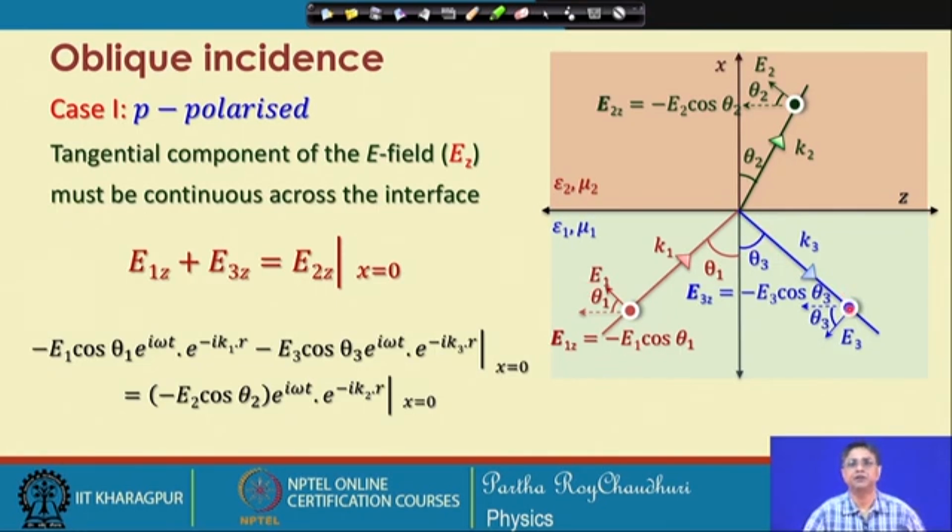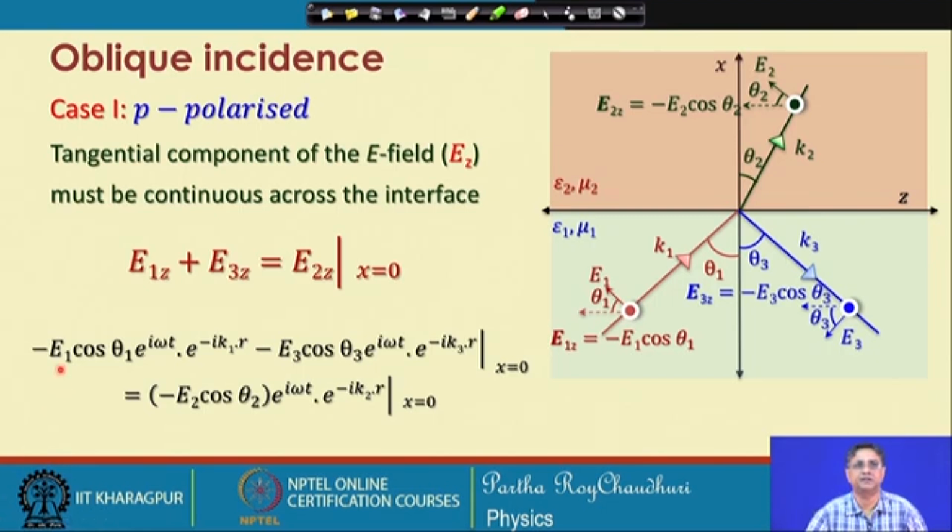And similarly, for the reflected wave you have minus E 3 cosine theta 3, which is the tangential component of the reflected wave electric field, and also for the transmitted, the refracted wave, the tangential component will be equal to, all of them are incidentally in the negative direction of z. So, these all tangential components with minus signs will be put together.